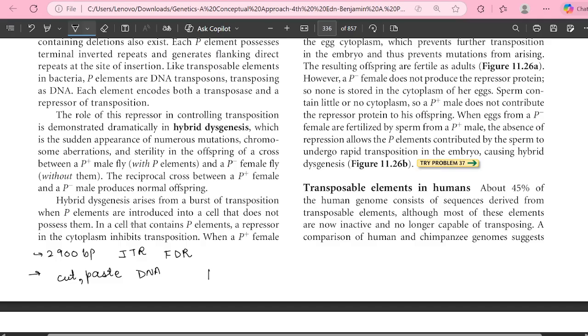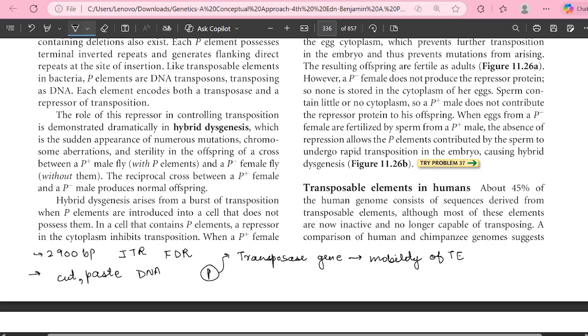Now this mature P element, what will it do? It will encode the transposase gene, and this transposase gene will result in the mobility of the transposable element, the mobility of TE.